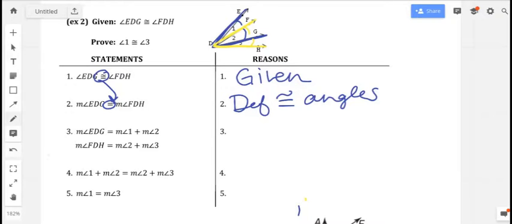Okay, so this is the one where you're given one big angle, and it says it's equal to the two smaller ones inside being added together. So what would that one be? If you said angle addition postulate, you are correct. So this is angle addition postulate. Just like segment addition, but with angles instead.